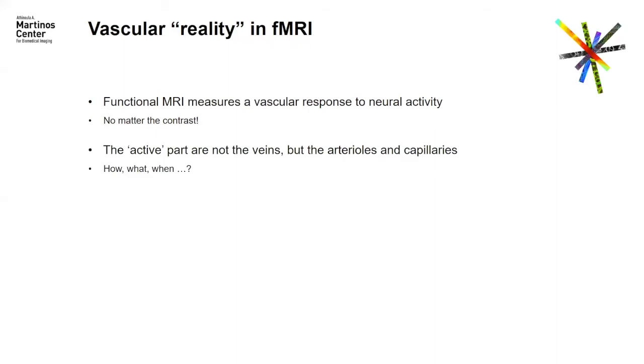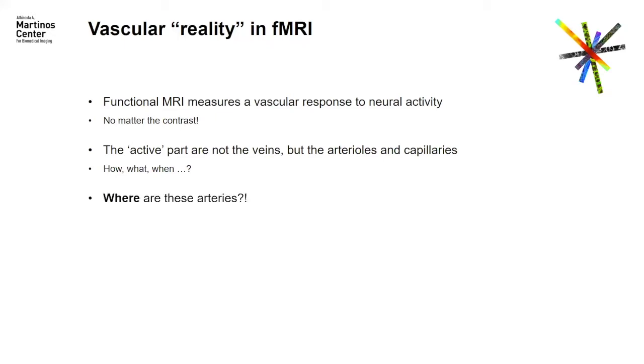In hindsight it sounds very stupid, but at the point in time where I started, I didn't realize that because in BOLD imaging you always image the veins, the actual active part of the vasculature that responds to a stimulus are not the veins, but the arteries and capillaries. And how and what and when is still debated in the literature, so we don't really know what is happening.